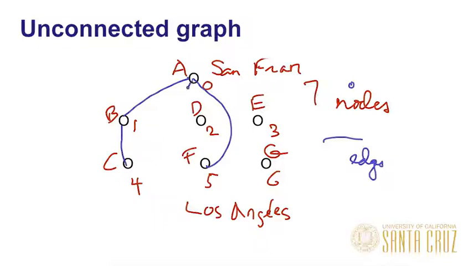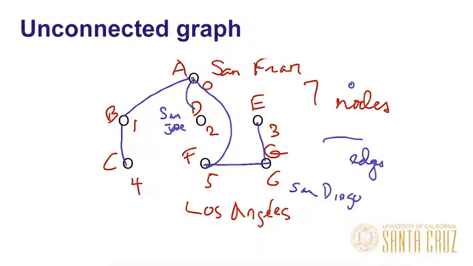Here's another road from San Francisco to D. Maybe D is San Jose. Maybe this is San Diego. So again, you have familiarity in the ordinary world with graphs. They're basically just road maps, and they're road maps in which the cities are nodes and the highways are edges.